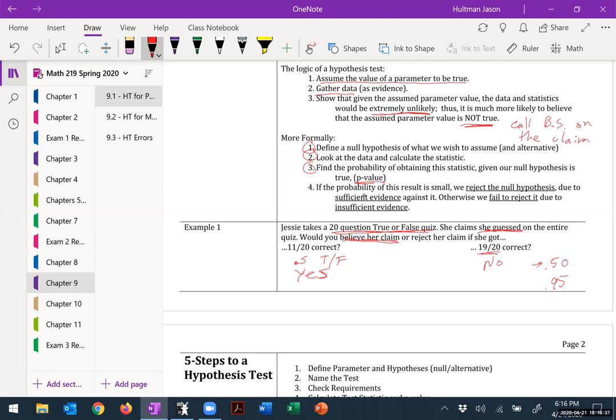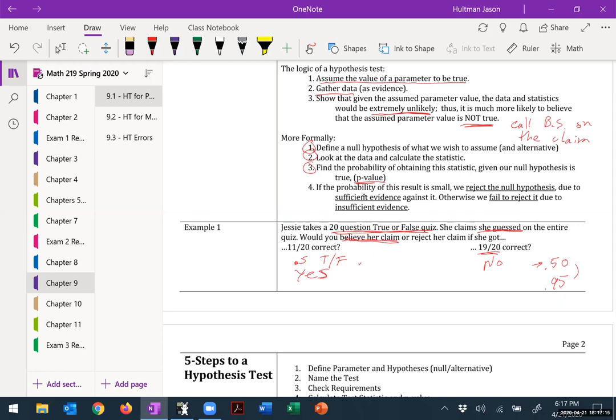She walked away with a 95%. That's way far away from what she's claiming. And we could statistically see how far away this 0.95 sample statistic is from the claim. So I would say no, that's way far away. Whereas from 0.5, how far away is 11 out of 20? That's 0.55.